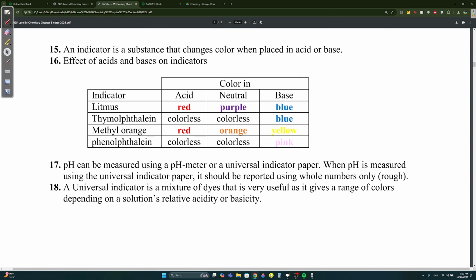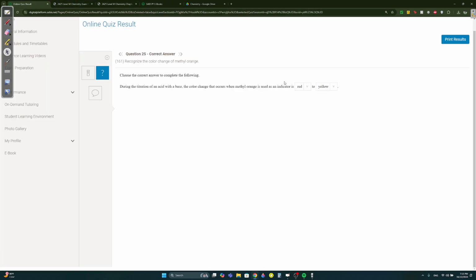Phenolphthalein is always colorless except with a base, where it turns pink. Litmus is red when acidic, blue when basic. Methyl orange is orange when neutral, red when acidic and yellow when basic. You can memorize these very easily. Changing from acid to base, methyl orange goes from red to yellow.